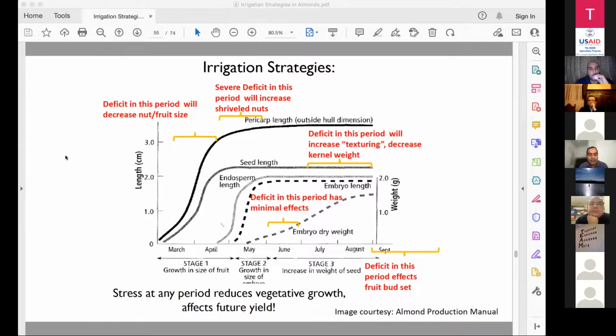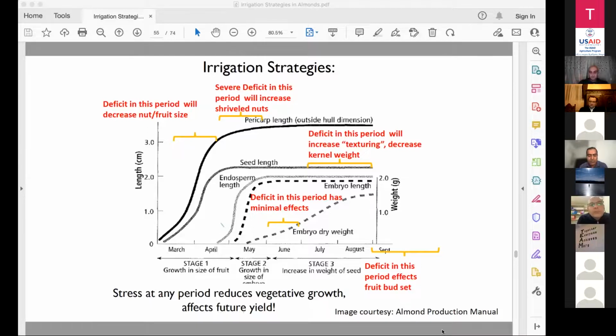Typically, the standard cultivar here in California is Nonpareil. And for the Nonpareil cultivar, the best yield in California is 4,000 pounds per acre. Let me do some calculation here.